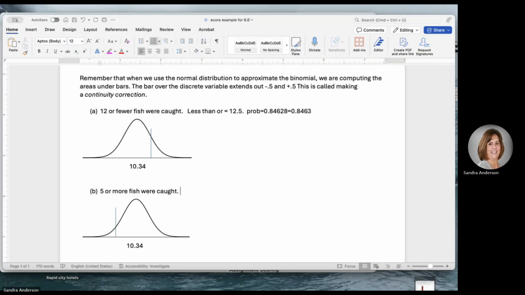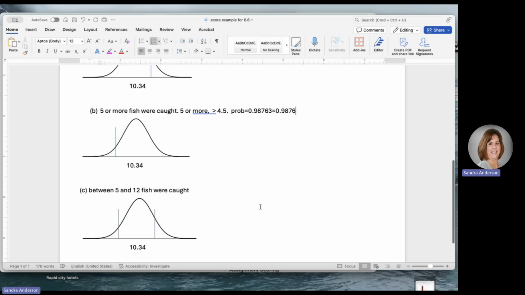So 5 or more means you need to be using the 4.5 or greater than. Okay. And that gives us a probability of 0.9, which we need to round to 4 decimal places, so be careful rounding. That 3 does not round the 6 up, so our answer is simply this.